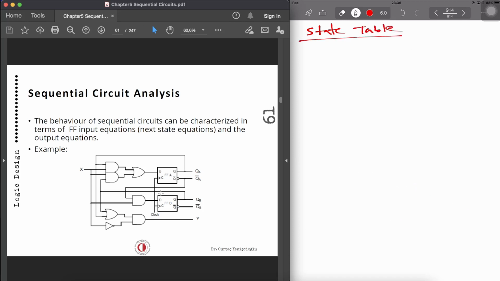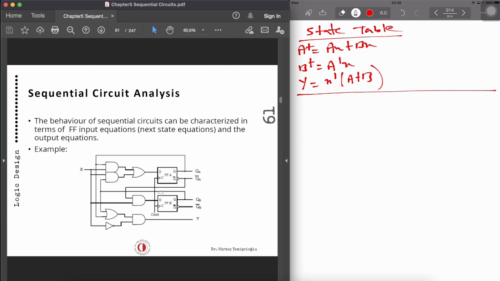Now, we know our equations, so I'll just rewrite them. A next state is AX plus BX. B next state is A prime X, and Y is X prime A plus B. So these are our next state equations.